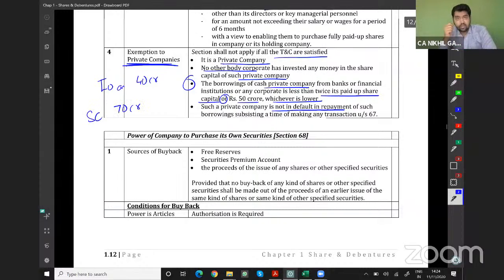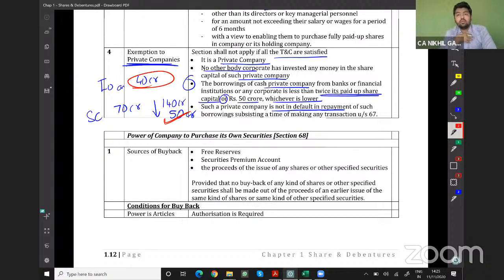So the limit should be twice its paid up capital. 70 into 2 is 140 crores or 50 crore, whichever is less. So my maximum limit of borrowing is 50 crores. The loan taken by me is less than 50 crores, means I'm eligible. Means Section 67 is not applicable to me.